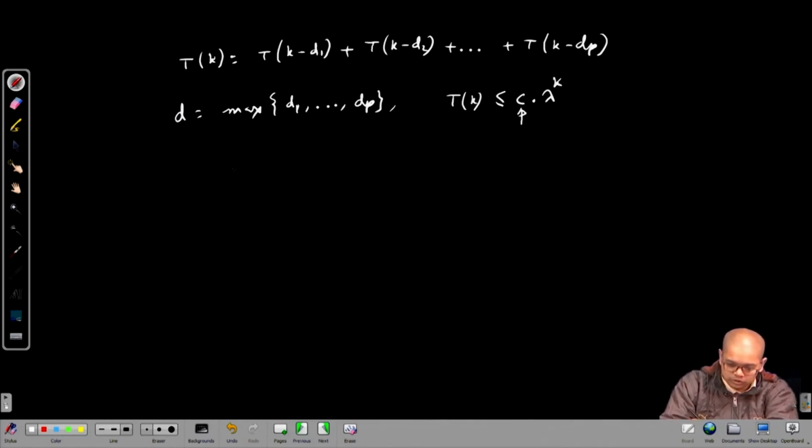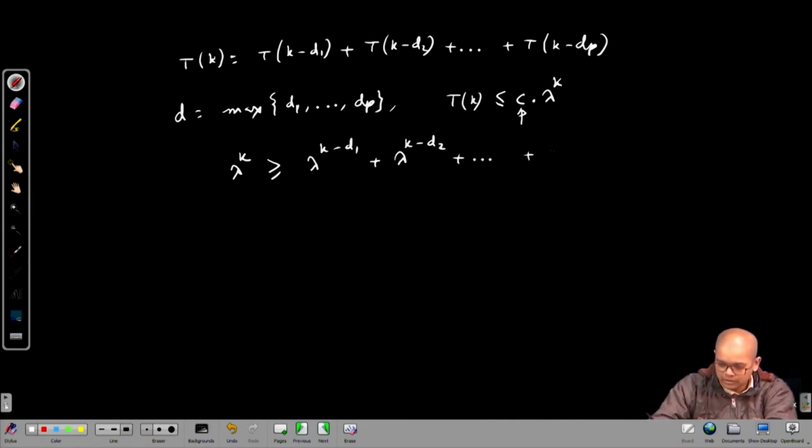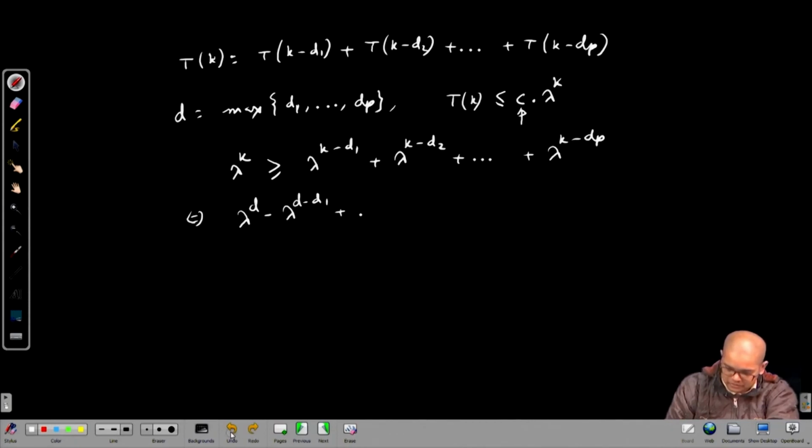So this boils down to lambda to the power k is greater than or equal to lambda to the power k-d1 plus lambda to the power k-d2 and so on up to lambda to the power k-dp, which is if and only if lambda to the power D minus lambda to the power D-d1 minus ... minus lambda to the power D-dp is greater than or equal to 0.